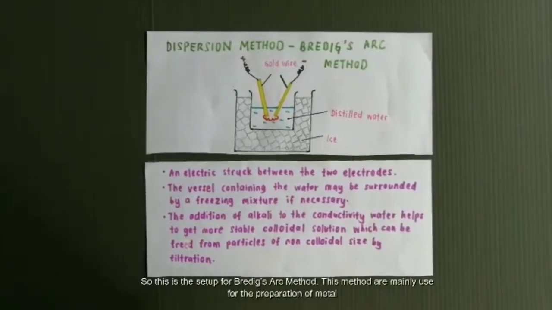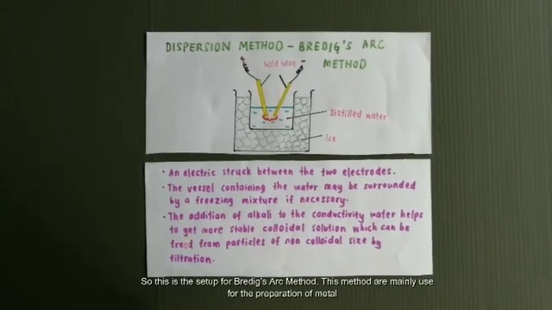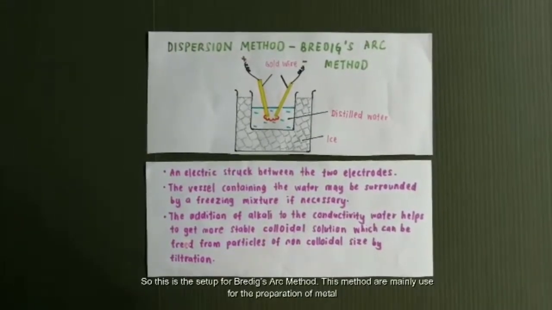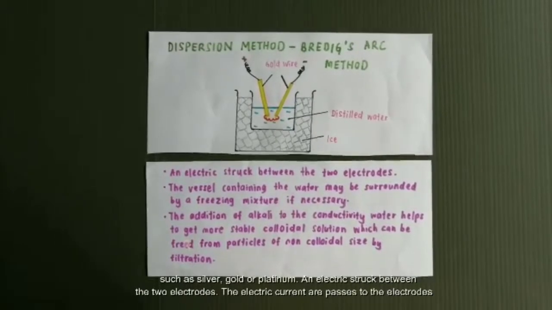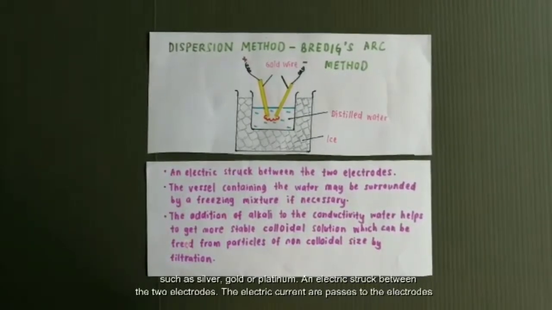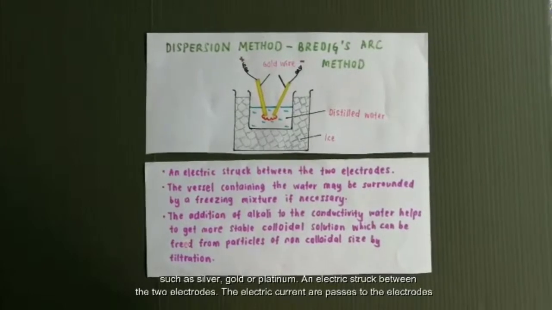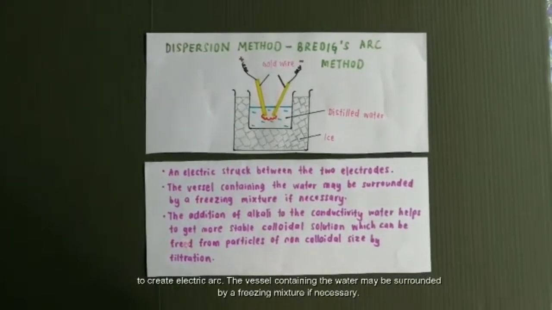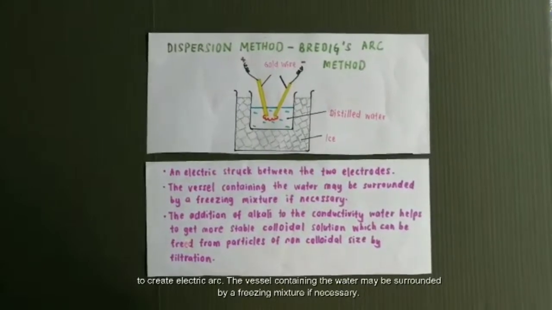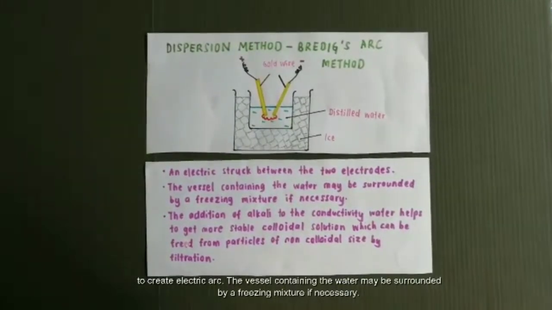So this is the setup for Bredig's arc method. This method is mainly used for the preparation of metal sols such as silver, gold or platinum. An electric arc is struck between the two electrodes. The electric current is passed through the electrodes to create the electric arc. The vessel containing the water may be surrounded by a freezing mixture if necessary.